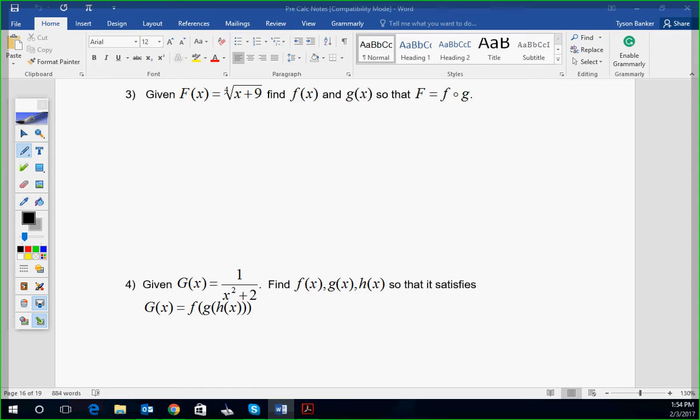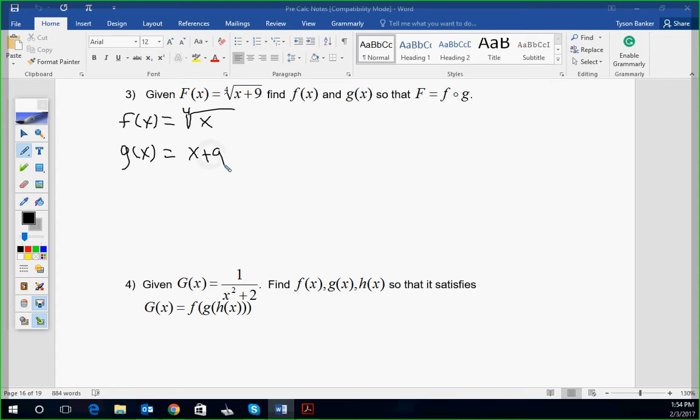They say that this big F of x is a combination of f of g. What are possible f of g? You may come up with a different answer, but for example, the easy answer would be this. F of x is fourth root x, g of x is x plus 9.